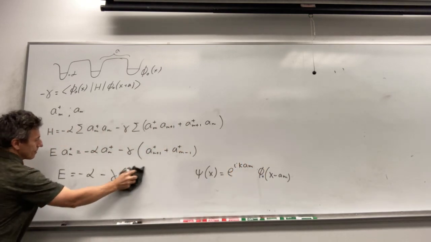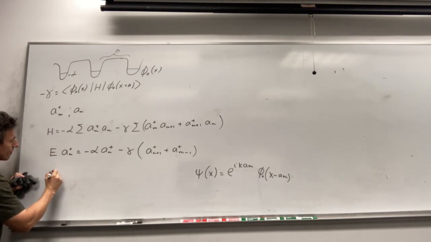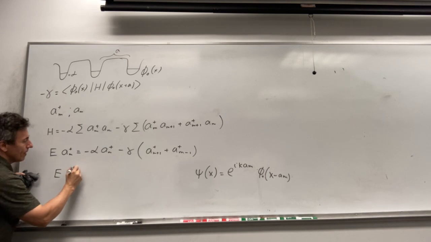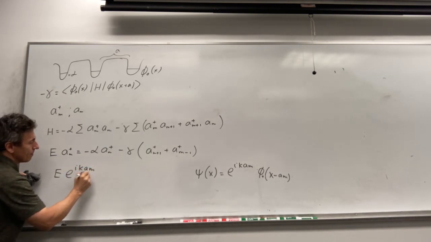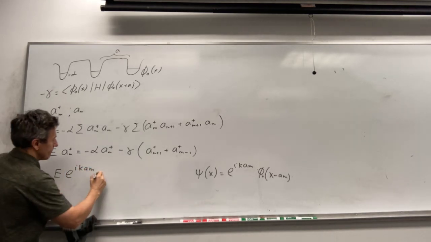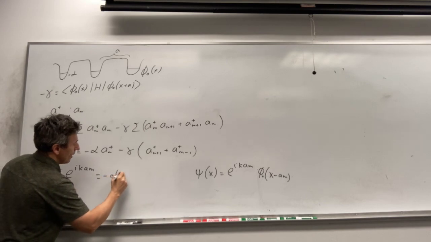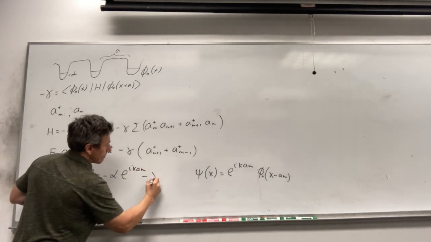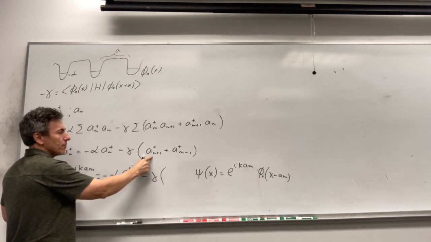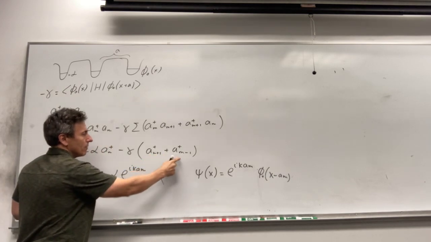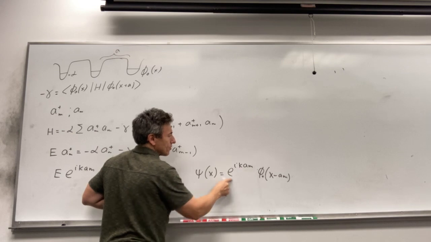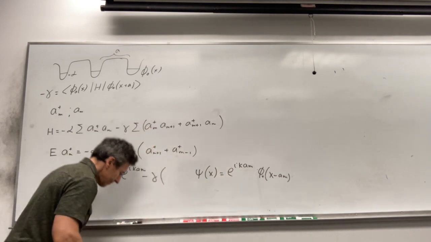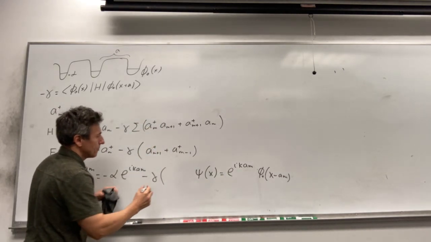So, okay, let's write down this more correct equation. So it will be E exponent i k a m, considering the amplitude at a given state m. Then the wave function: negative alpha exponent i k a m, minus gamma, and then we write down the amplitude at different states m plus 1 and m minus 1.